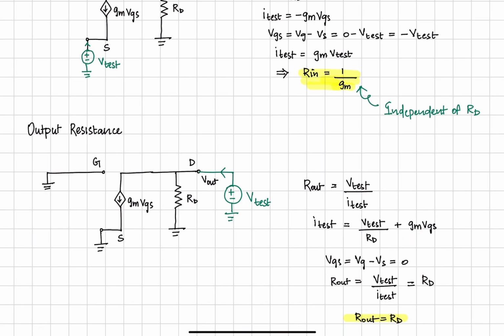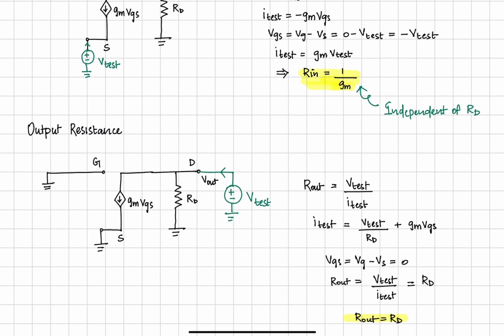Let's calculate VGS now. VGS is gate voltage minus source voltage. The gate voltage is 0 since the gate terminal is grounded, but this time even the source terminal is grounded, so the gate to source voltage is 0. And we know that the source terminal is grounded because that's how output resistance is defined.